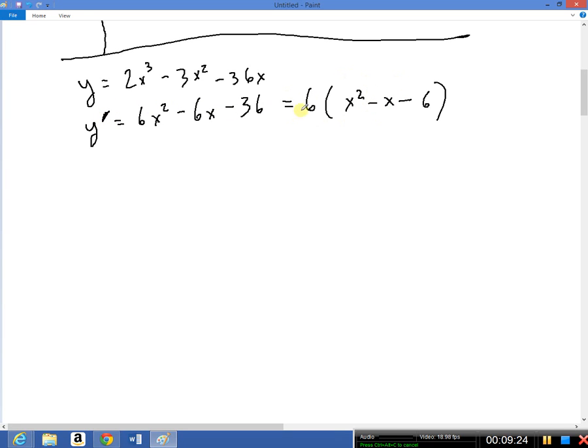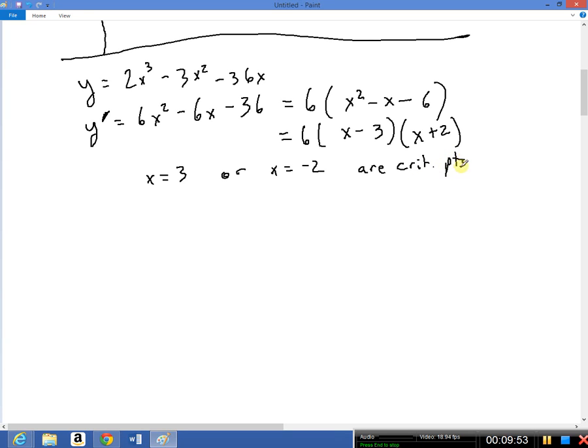Well, obviously the derivative is defined everywhere, so there are no critical numbers from there. But I can factor this, I bet. I bet this factors, yeah, x minus 3, x plus 2. So if I can factor it, I do that, and then I can tell instantly that x equals 3 or x equals negative 2. Those are critical numbers, or critical points.